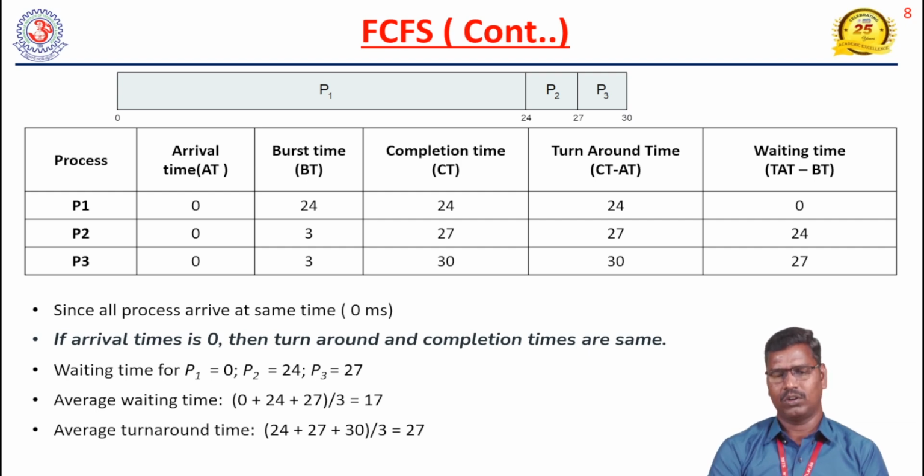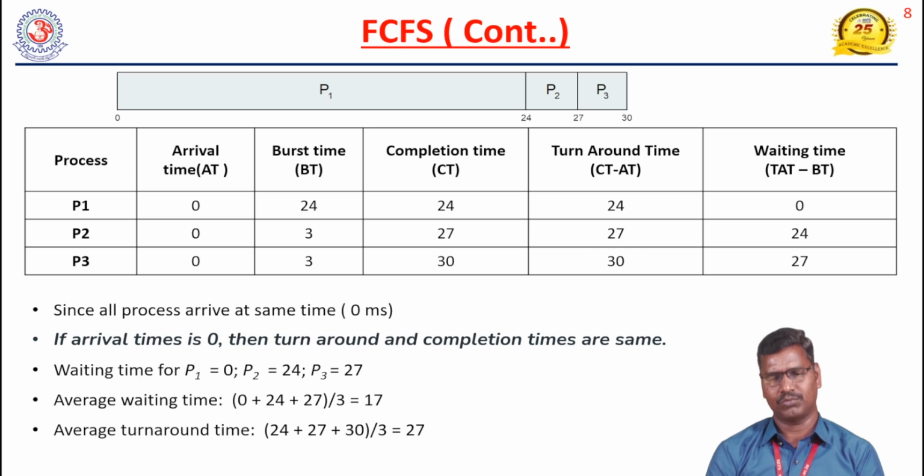Whenever the arrival time is 0, we calculate the completion time as burst time plus arrival time. Okay, at 0 milliseconds all the processes enter the ready queue, so no arrival time needs to be calculated.